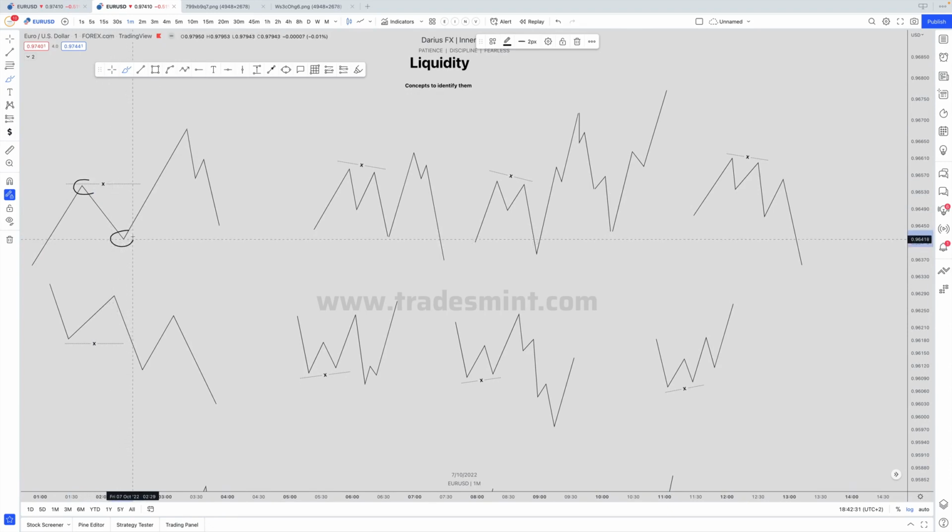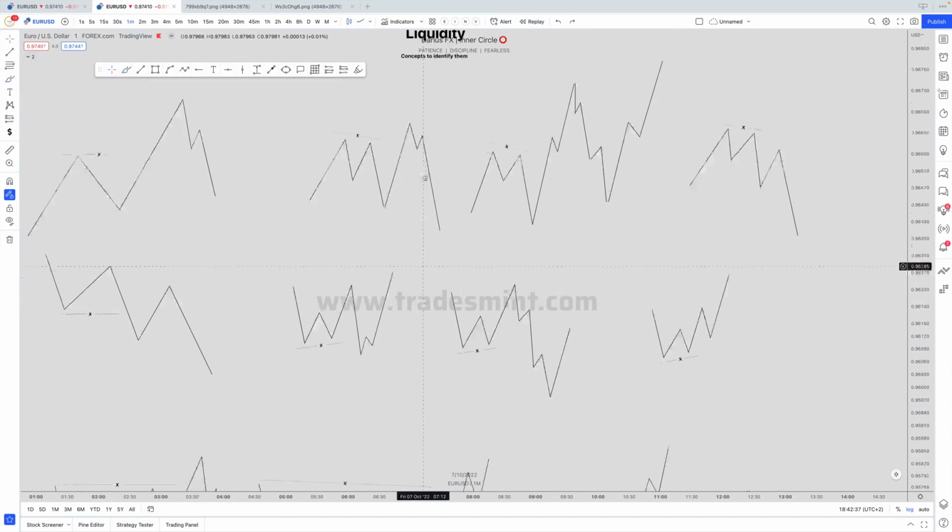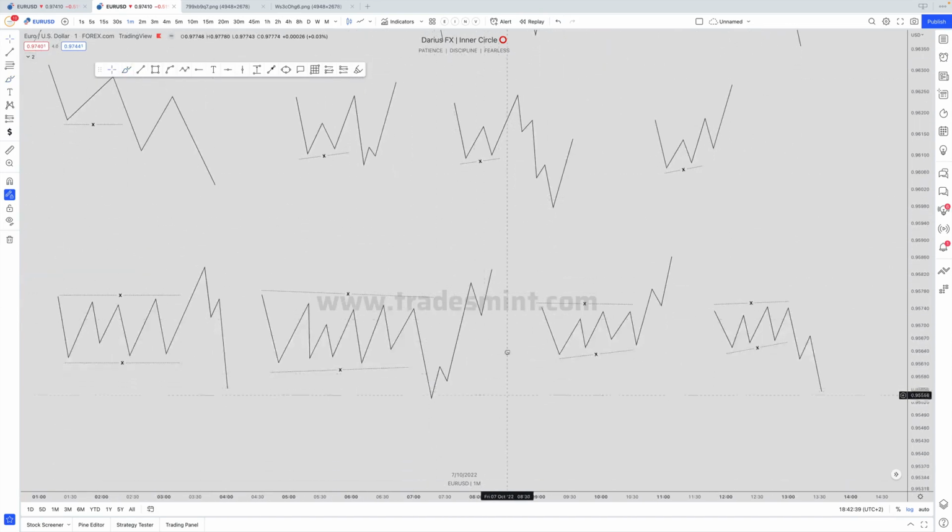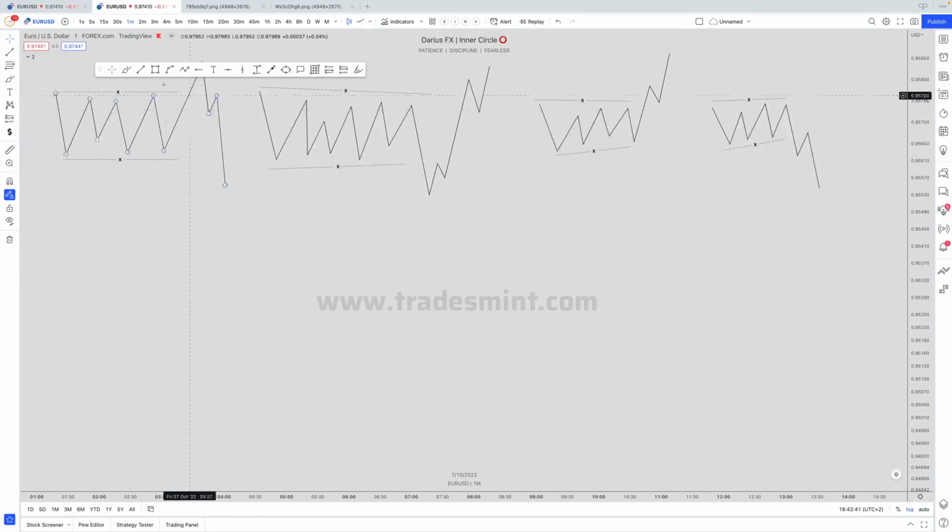Also here, this low is also a form of liquidity. So let me make a more complex concept, okay? But you can hear right now from the name, it's not a pattern. So what I just drew here, these are not patterns, these are concepts. That means you need to know how to apply them.